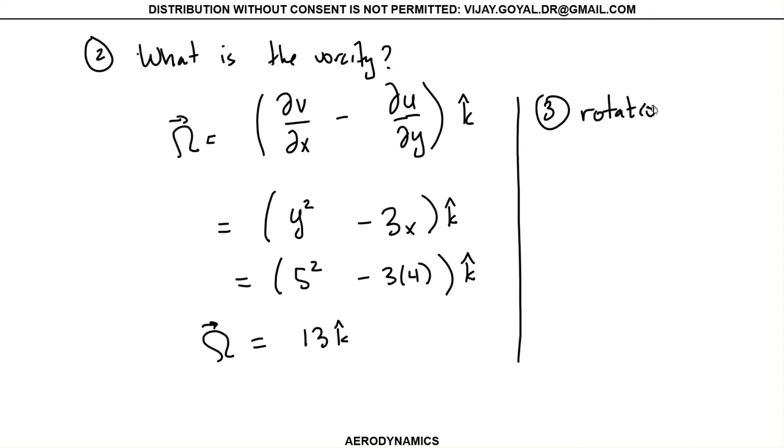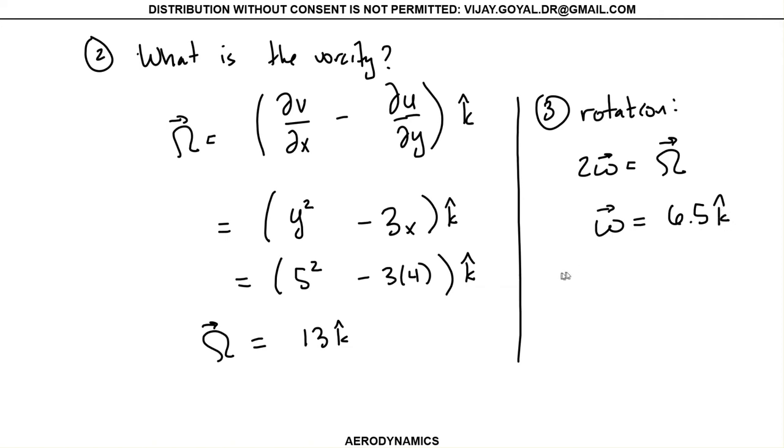What is the rotation at that point? Then what you could do, rotation we know that 2 times omega is equal to big omega, right? This is the vorticity. So your omega is nothing else than half of this. Half of that would be 6.5 K. Okay?